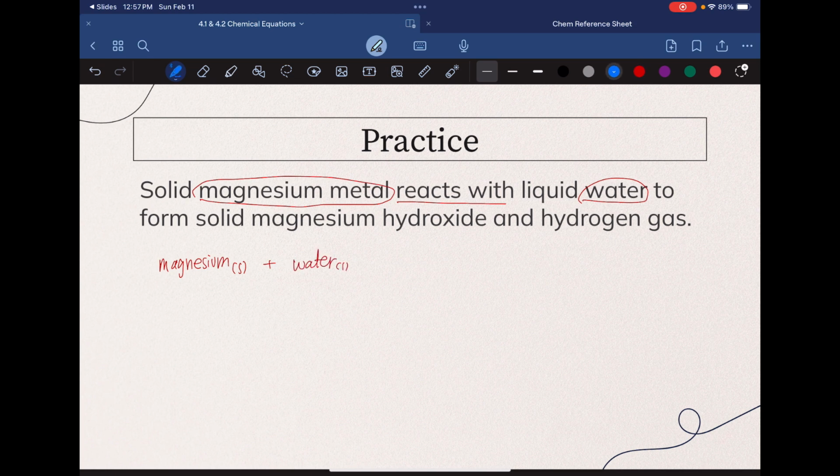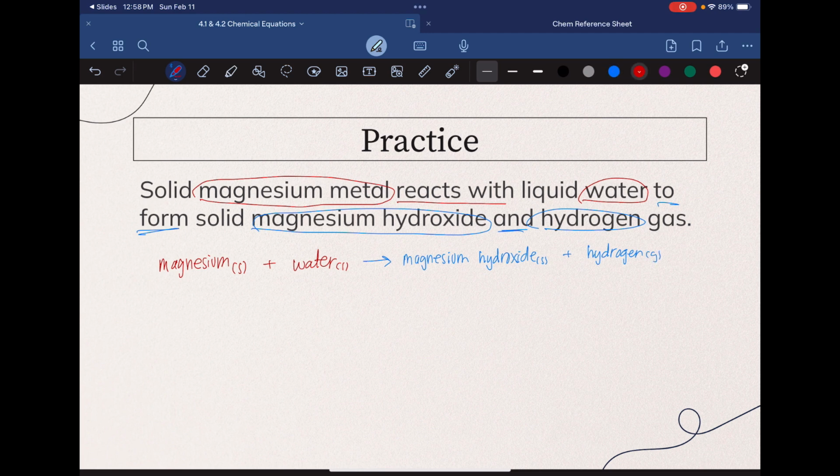Switching over to form, what's being formed? Solid magnesium hydroxide and hydrogen gas. So I'm going to write magnesium hydroxide. And it says a solid, so I'm not going to assume it's aqueous. And hydrogen gas.